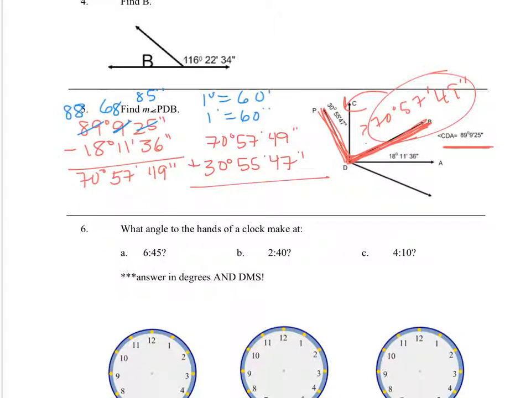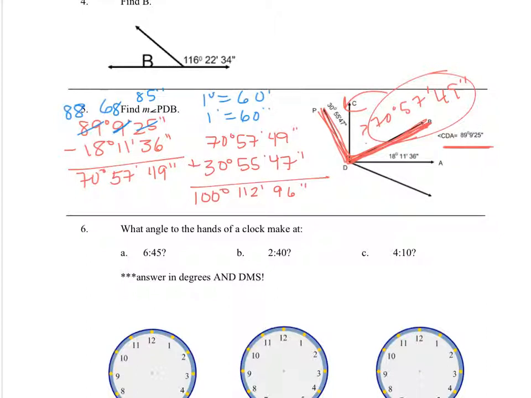Just add those numbers together and see what we have to work with. So 49 plus 47 is 96 seconds. 57 plus 55 is 112 minutes. And 70 degrees plus 30 degrees is 100 degrees.